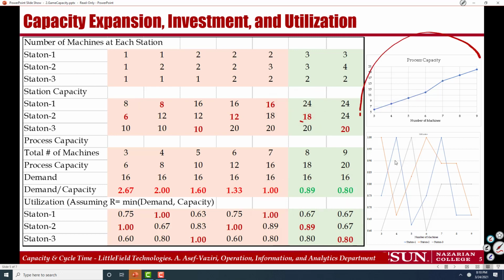So this is the capacity or throughput graph, and these are utilization graphs. This is utilization of station 2, this is utilization of station 1, and this is utilization of station 3. And they go up and down as the bottleneck moves from one point to the next.